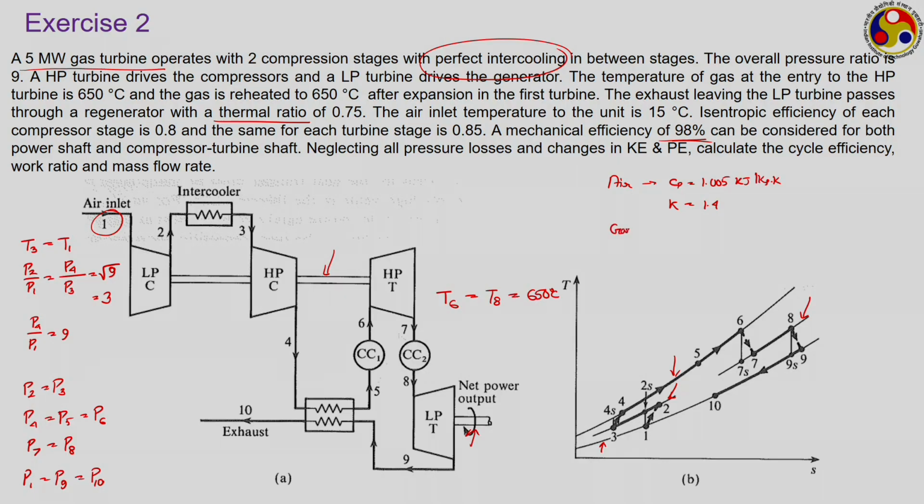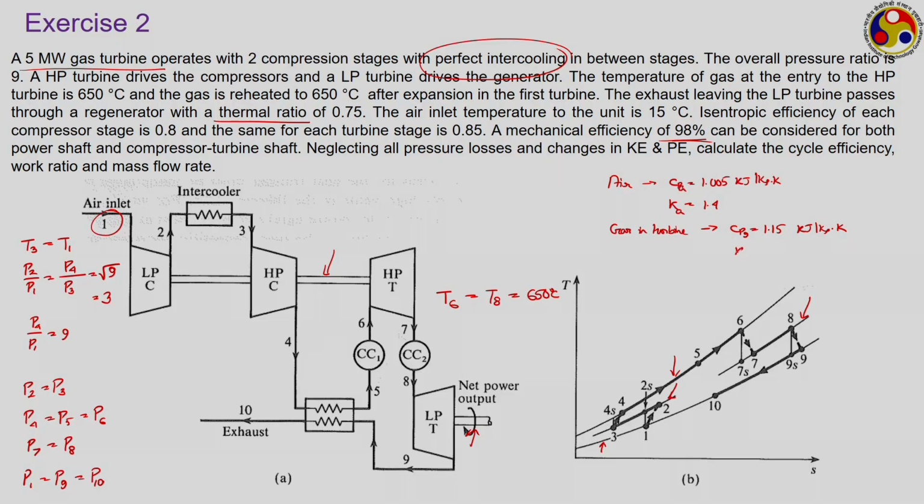For gas on the turbine side, we have Cp equal to 1.15 kilojoule per kg Kelvin. This is Cp gas, and this is Cp air.